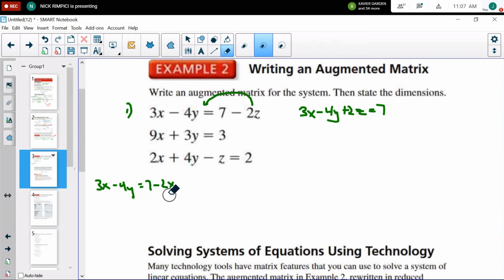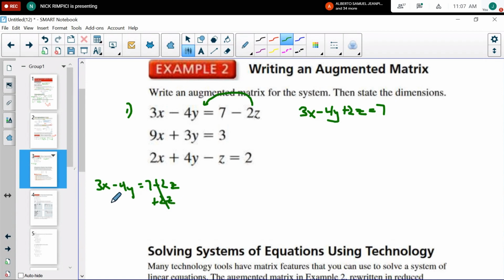My mistake. You can add 2z to each side of the equation. These cancel. If you add 2z over here, you end up getting 3x minus 4y plus 2z equals 7.